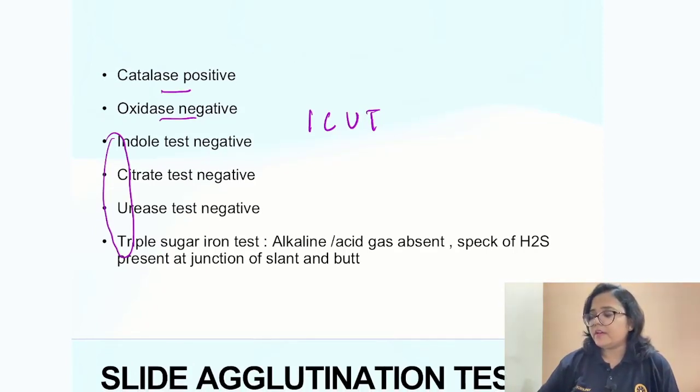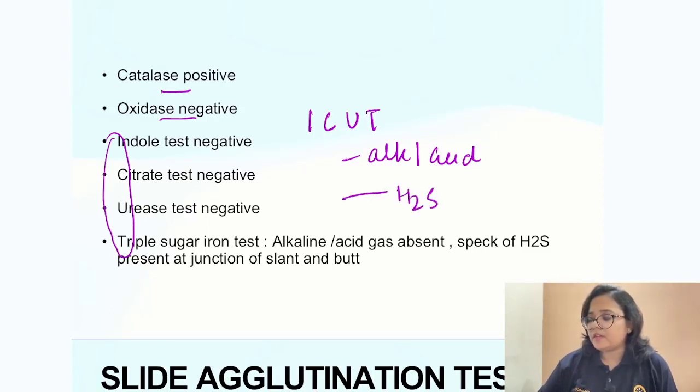In triple sugar iron agar we find alkali over acid, and there is a slight H2S production, hydrogen sulfide production, at the junction between the slant and the butt of the triple sugar iron agar.